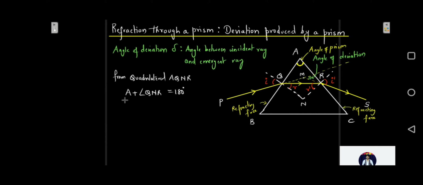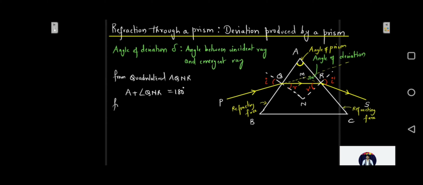How did I say that? Because in a quadrilateral, the sum of all the angles is 360, and angle AQN will be 90 as well as ARN will also be 90, because it is nothing but a normal. QN is the normal to the face AB and RN is normal to the face AC. That is why the remaining two angles will be equal to 180 degrees.